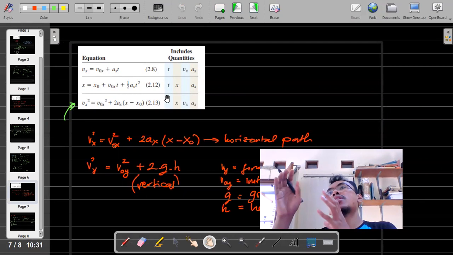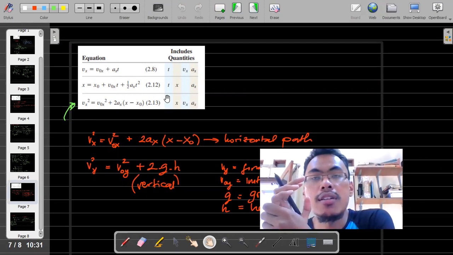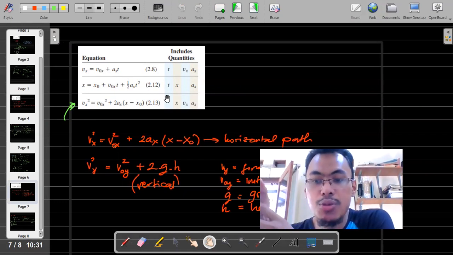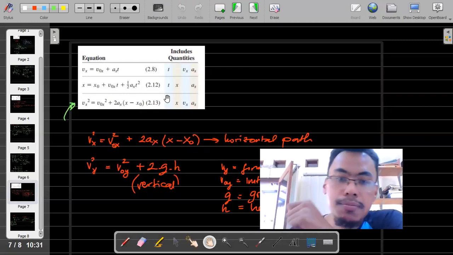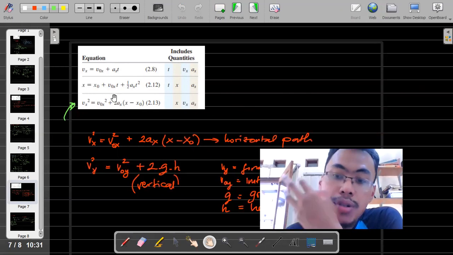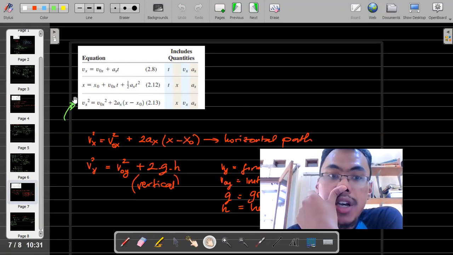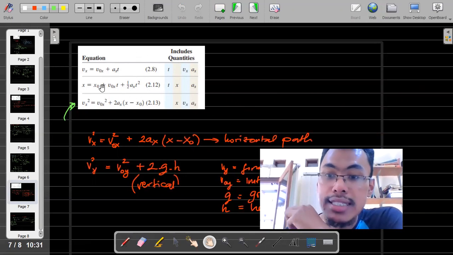Let's say you have a case, and then from the case you have to choose wisely which one is the most suitable equation, because if you choose the wrong equation, then your result will also be wrong. So you have to use the most appropriate equation among the 3.